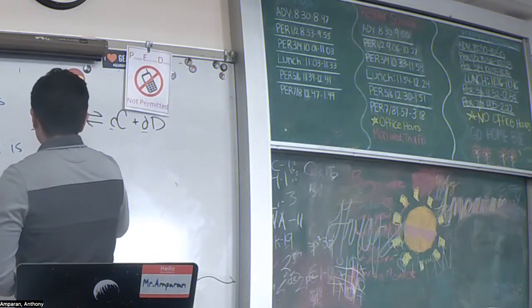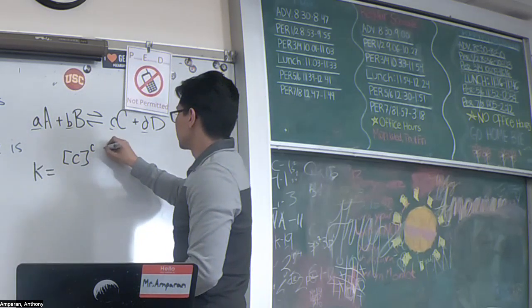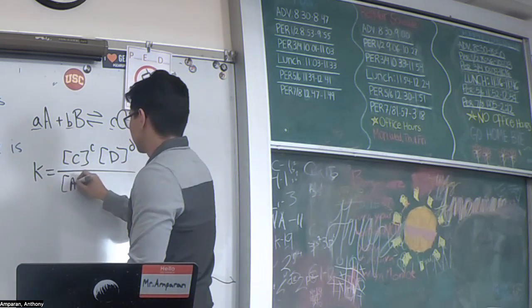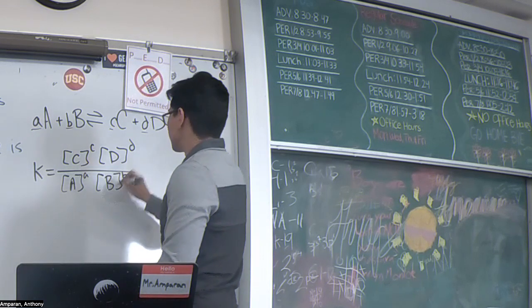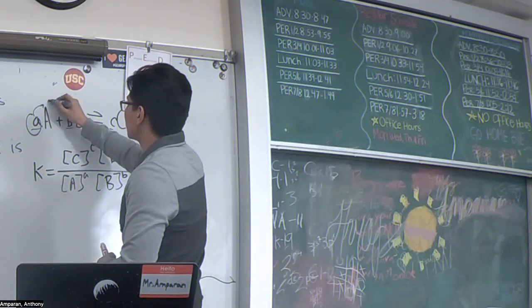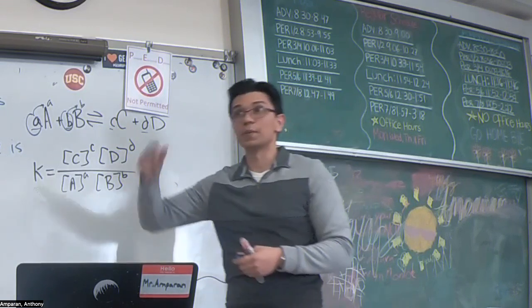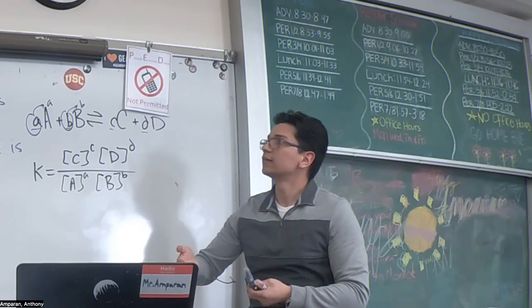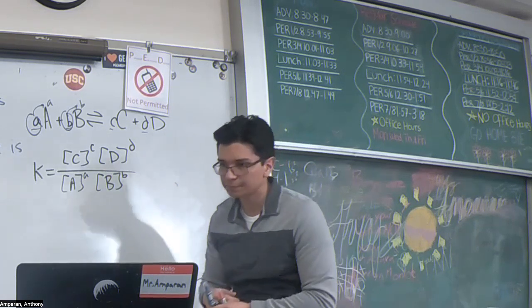The way we would write that out is your concentration of C raised to its coefficient, times D raised to its coefficient, over A raised to its coefficient, and then B raised to its coefficient. So it's going to be that general formula. Again, these coefficients, we're just turning those into exponents. That's all we're doing for these general formulas. So that's how we write equilibrium constants. We're just trying to find a ratio for products over reactants.